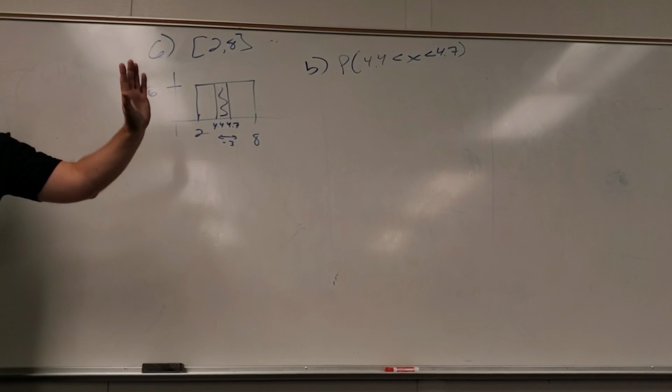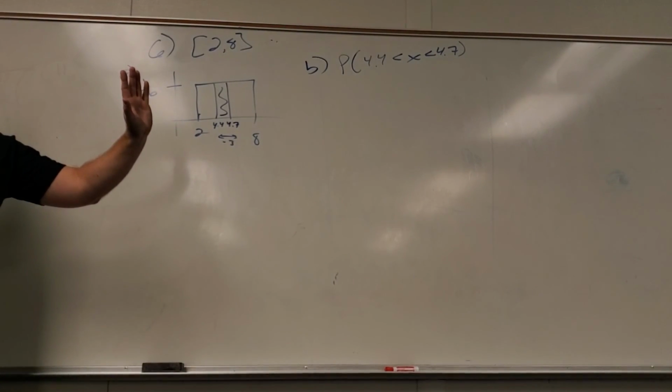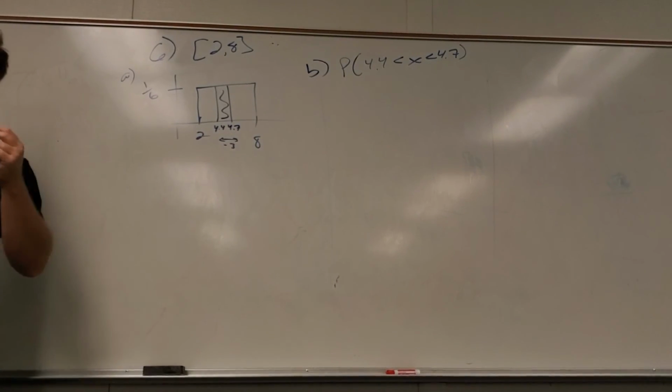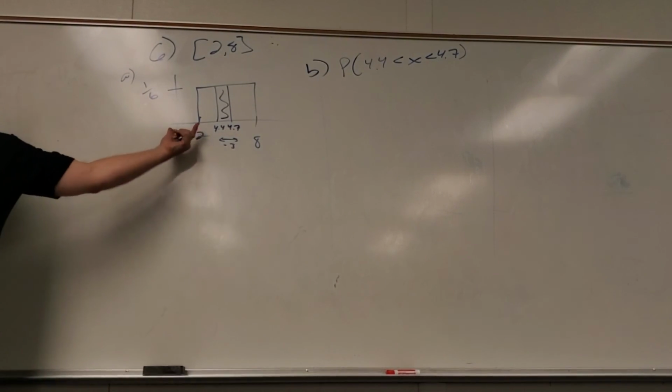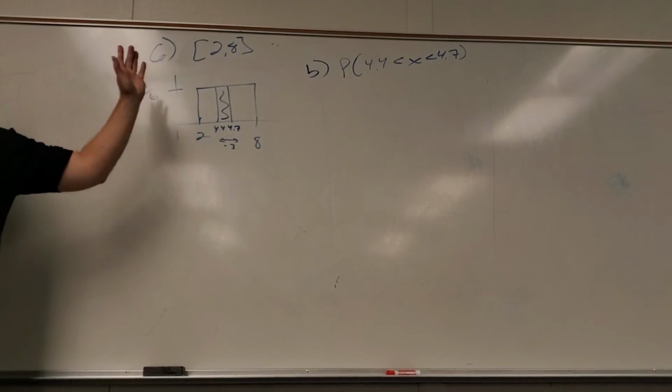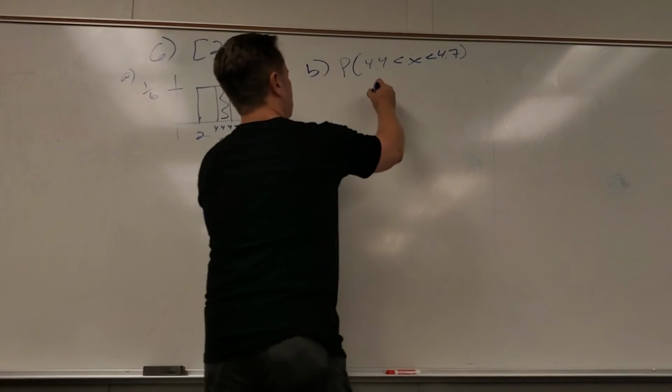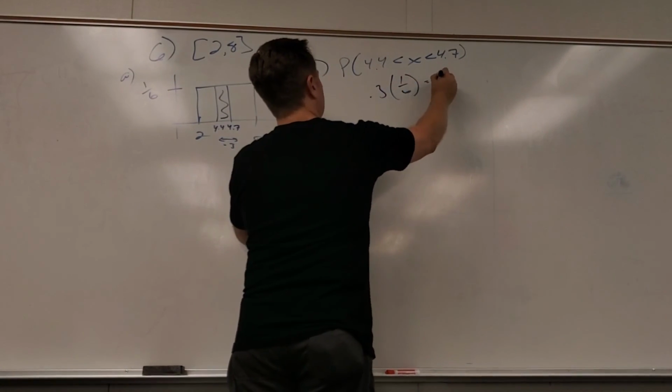Is everybody with me? So uniform distribution, let the basic probability questions be easy. It is just finding little rectangle areas. It's almost too nice to believe. So it's 0.3 times 1/6, should be 0.05.